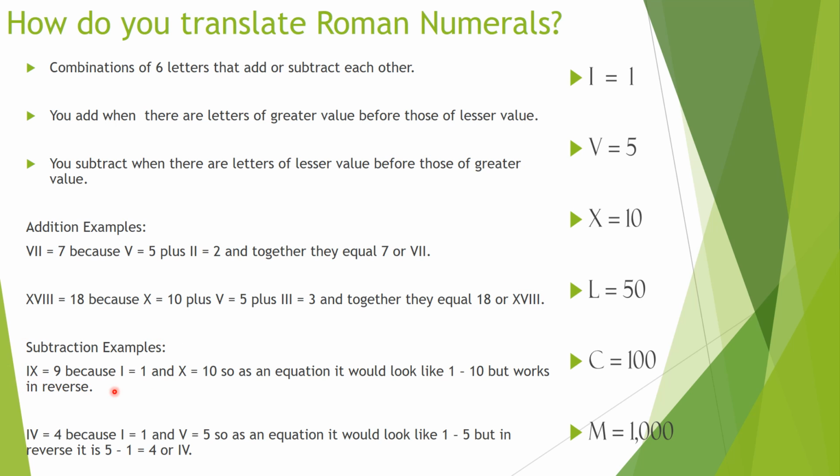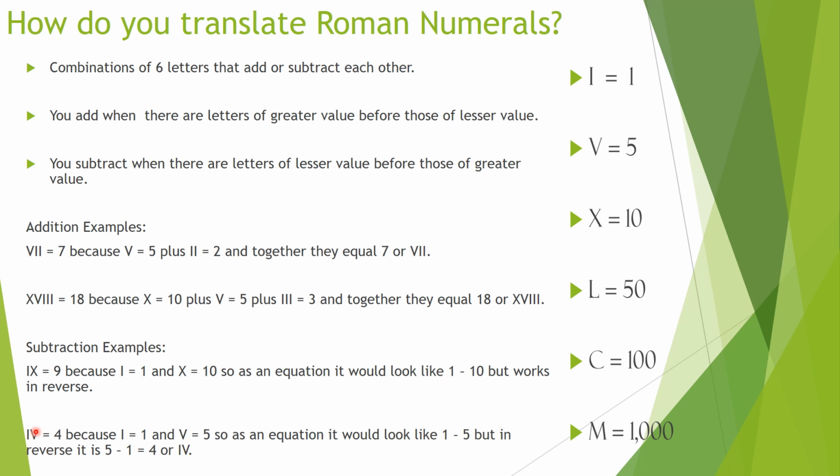Alright, so here are some subtraction examples. The IX equals 9 because I equals 1 and X is 10. Written as an equation, it would be 1 minus 10, written from left to right, but it works instead in reverse, so that it's actually X minus 1, so that 10 minus 1 equals 9.